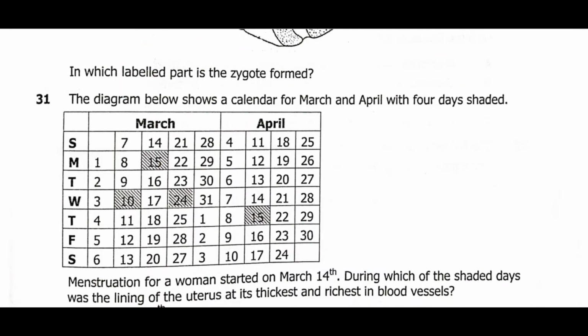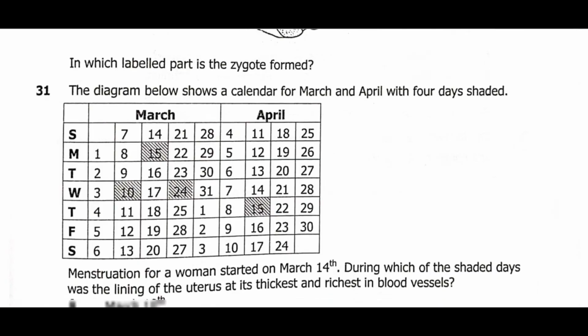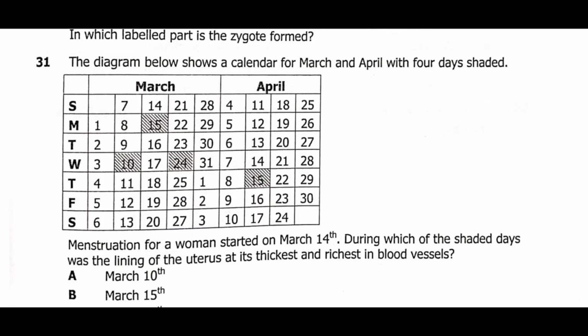Question 31: The diagram below shows a calendar for March and April with 4 days shaded. Menstruation for a woman started on day 14. During which of these shaded days was the lining of the uterus at its thickest and richest in blood? Those are the days when we are closer to ovulation, the release of a mature egg.